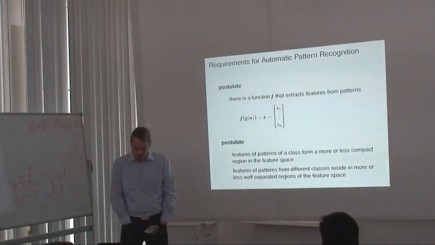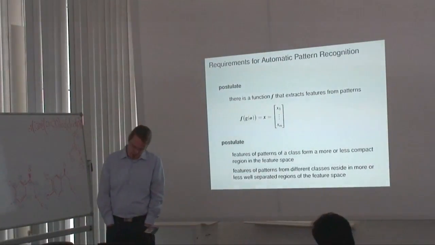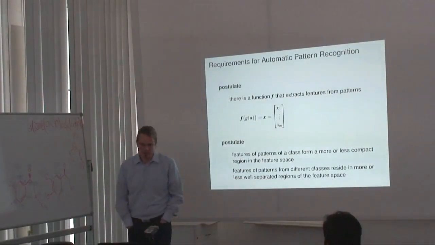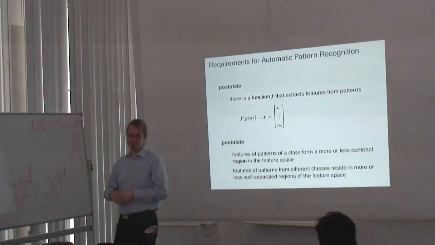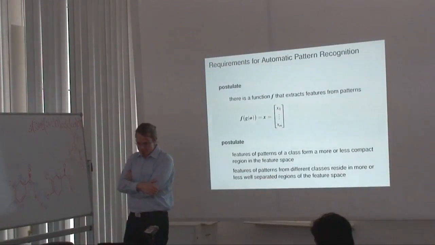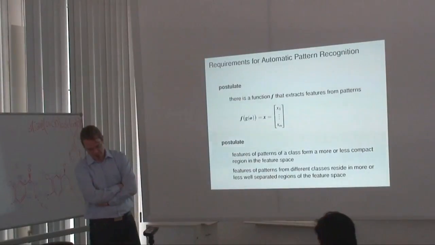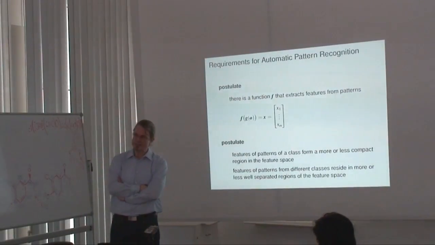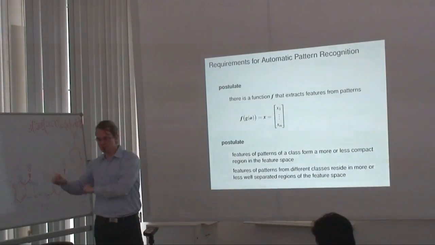Features of patterns of a class form a more or less compact region in the feature space, if we think of the features as vectors in some higher dimensional vector space. And features of patterns from different classes are supposed to be residing in other regions of the feature space.